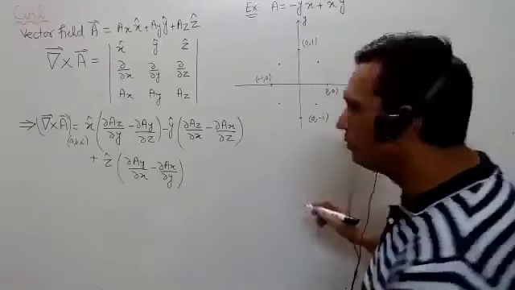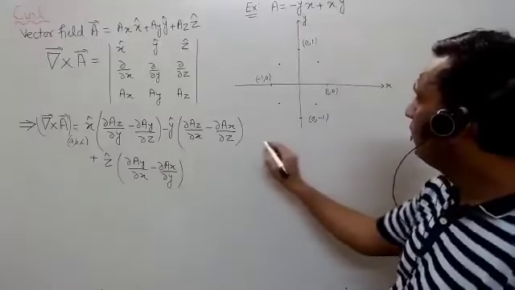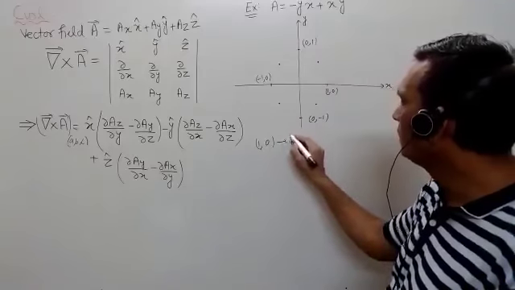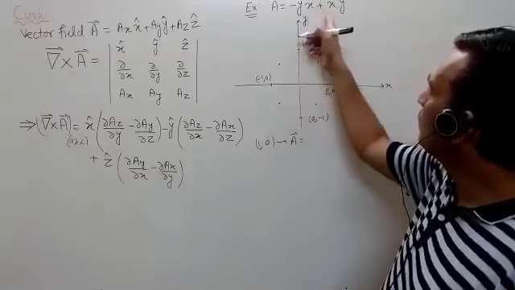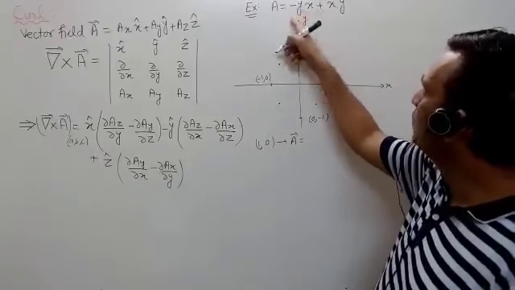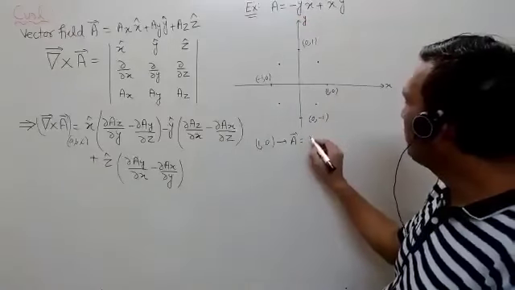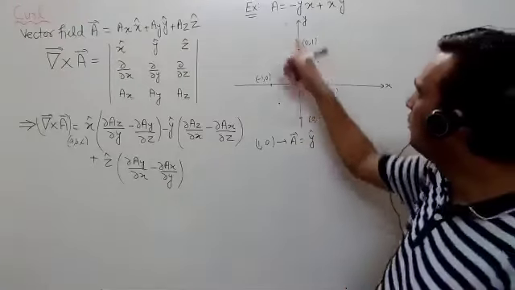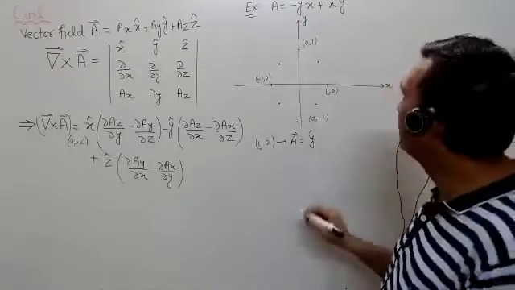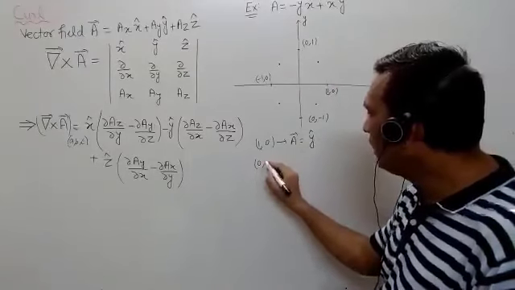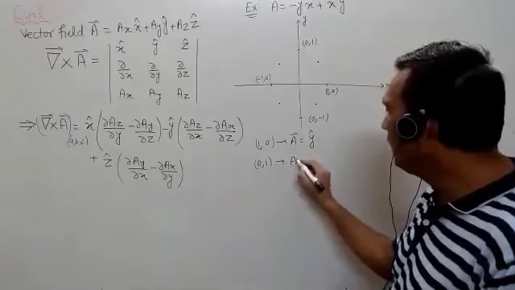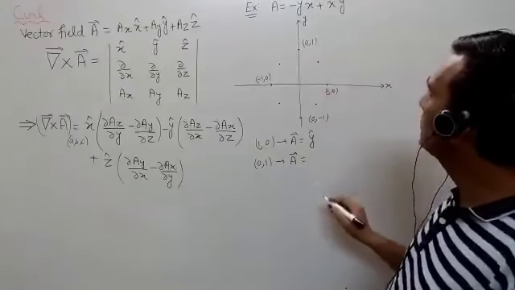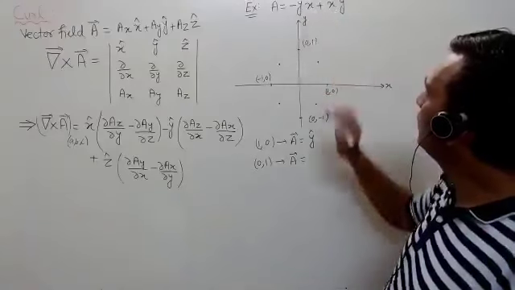So at 1, 0, when point is 1, 0, how to write vector A? Put x is equal to 1 and y is equal to 0. So this will give you y cap. Simply y cap. At 1, 0, vector A is y cap. At 0, 1, put x is 0 and y is 1.